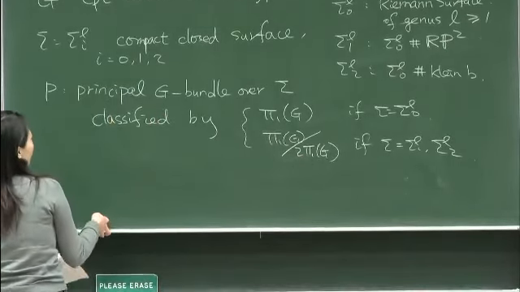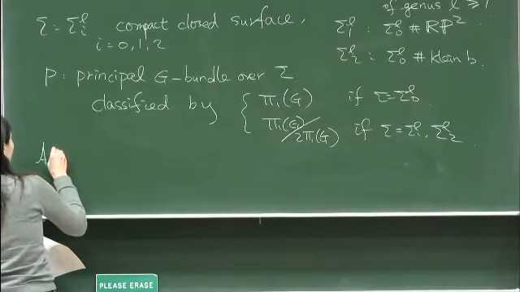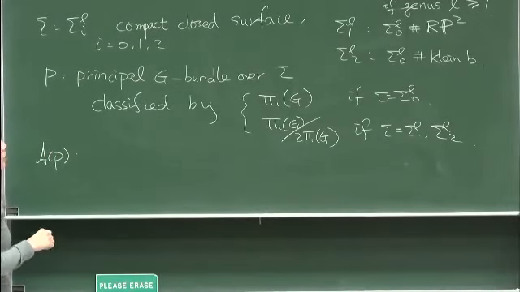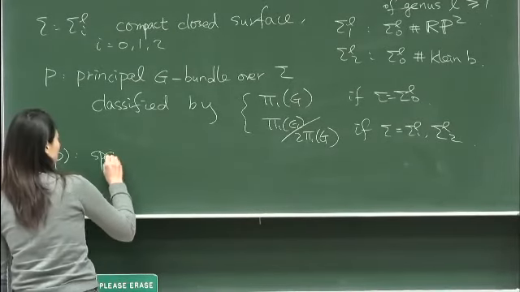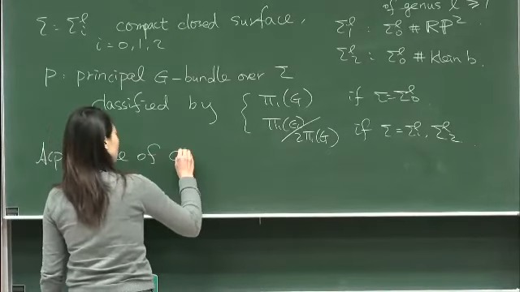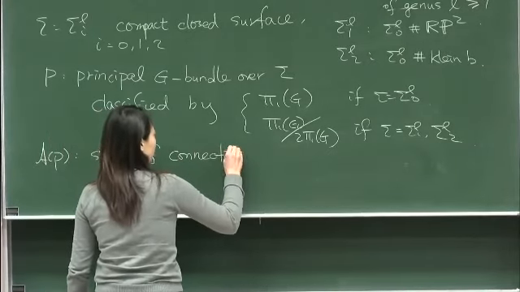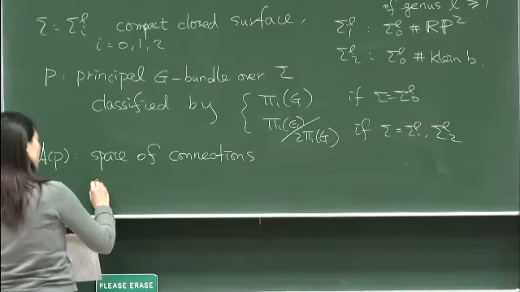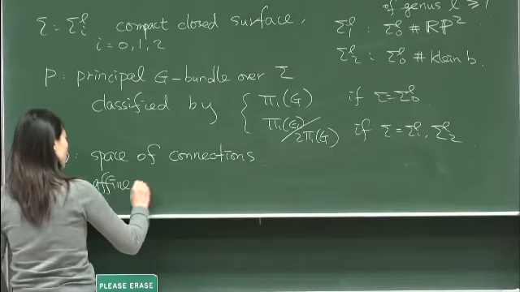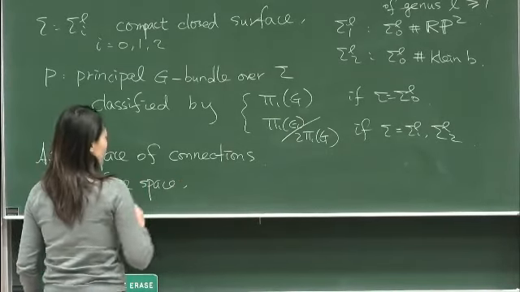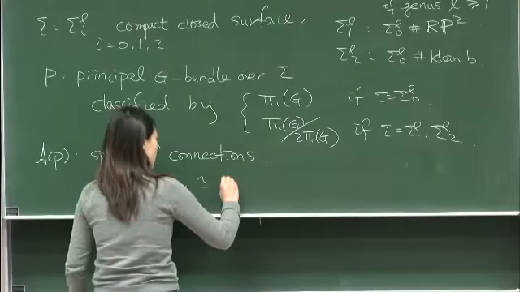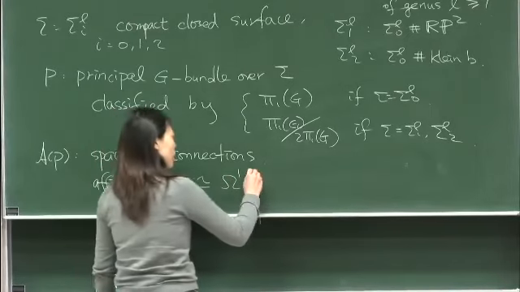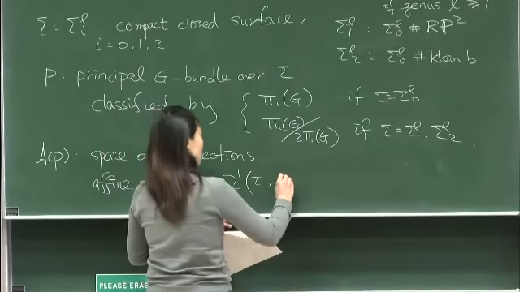And we can consider the space of connections on this principal bundle. We know that this is an affine space, and the associated vector bundle is the one forms on sigma with values in the adjoint bundle.